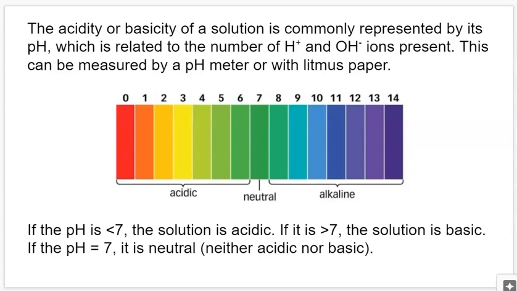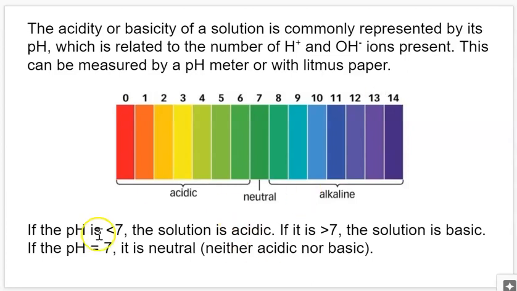All right, and you might know this, but the acidity or basicity of a solution is usually represented by its pH. And the pH is related to the amount of hydrogen ions or hydroxide ions present in the solution. And this is usually either measured with a pH meter, which measures the amount of ions directly, or with litmus paper, which is a type of paper that has a certain chemical on it that changes colors depending on if there's hydrogen ions or hydroxide ions present in solution.